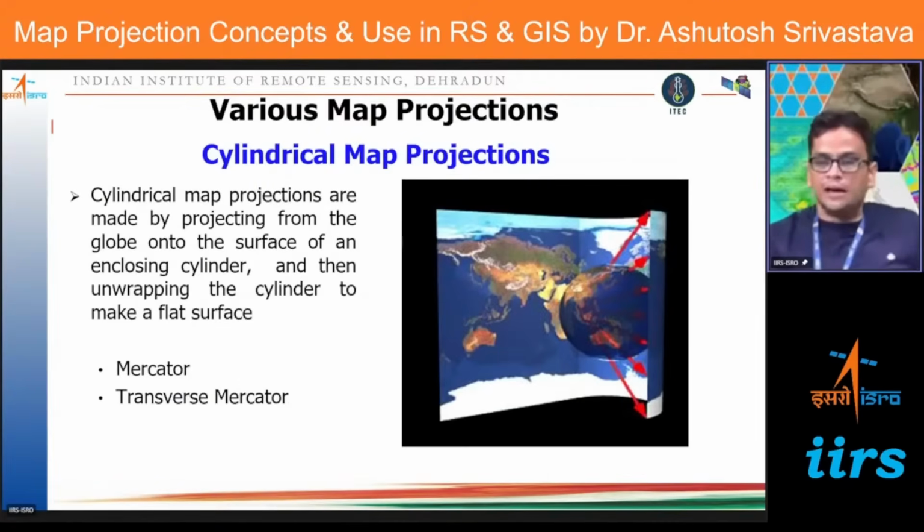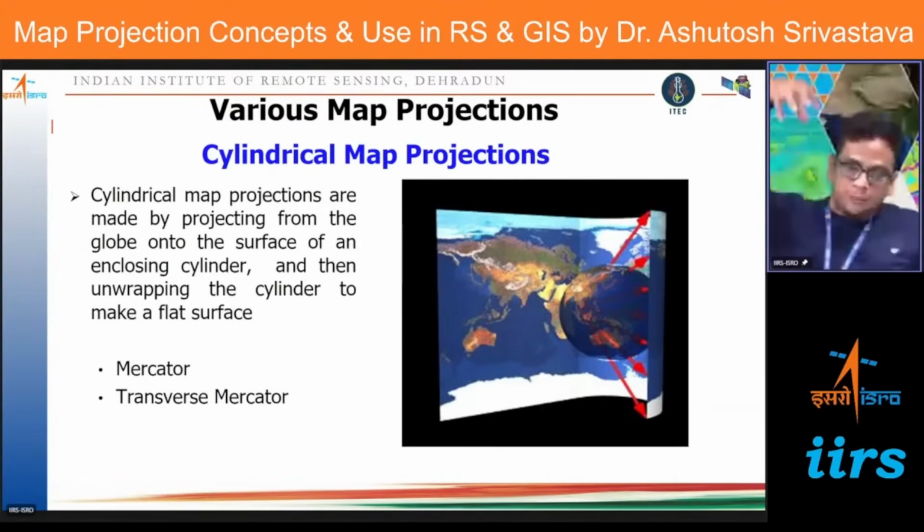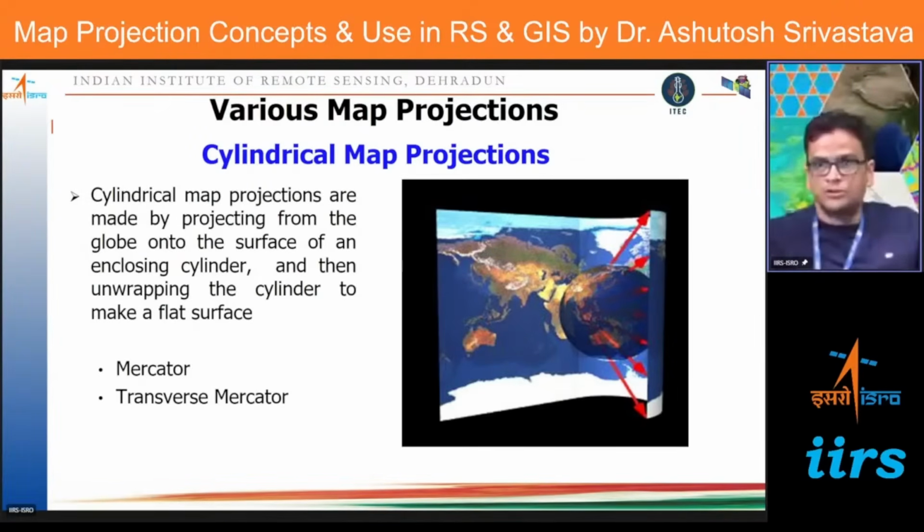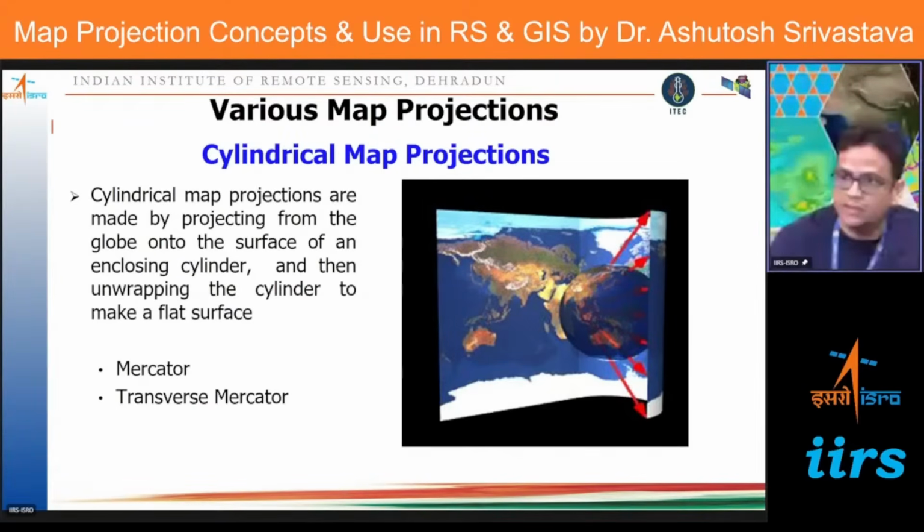Cylindrical, I will take some examples here. Cylindrical map projections: you can see here, we have put one globe inside that cylinder, projected onto the wall of the cylinder, and then unwrapped it. So we end up with a two-dimensional map. In cylindrical, there are a few very well-known projections, Mercator and transverse Mercator.